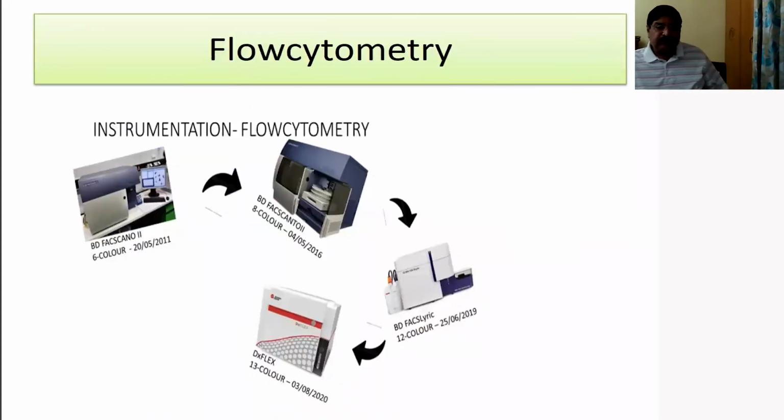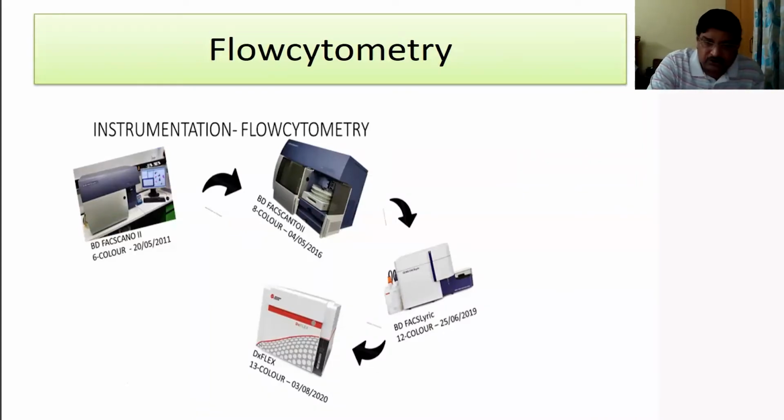As I mentioned, beyond morphology we had flow cytometry, and flow cytometry is also evolving over the years. About a decade and a half ago, you had the 6-color and 8-color flow cytometers. You can see that these top two are BD FACSCanto II. One is a 6-color, and another one is an 8-color flow cytometer.